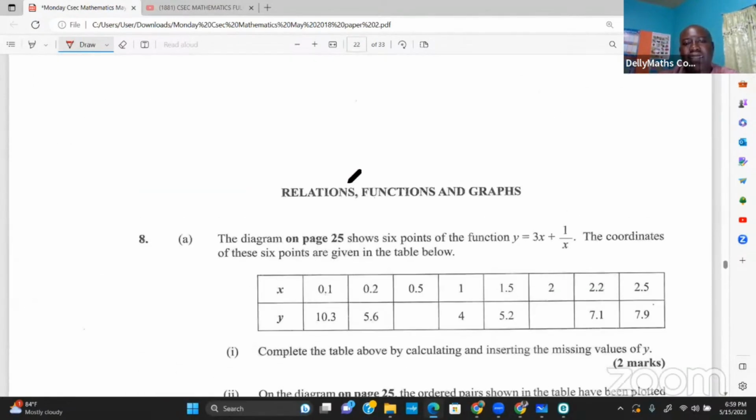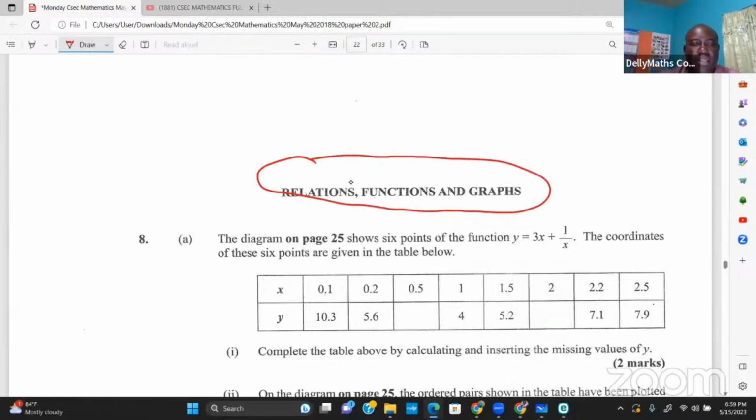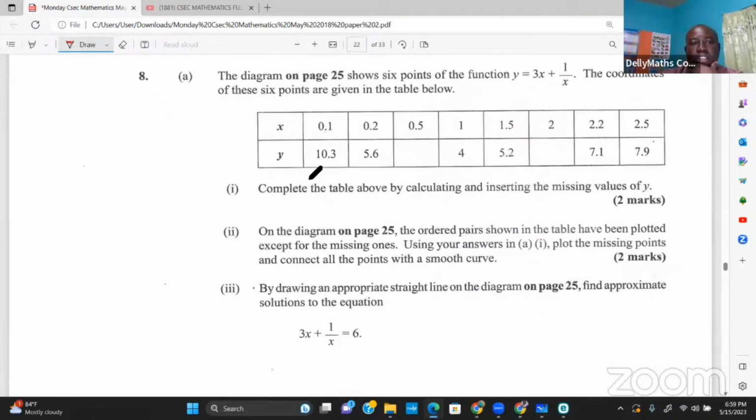Number 8 is titled Algebra, Relation, Function, Graph, right? So there it is.